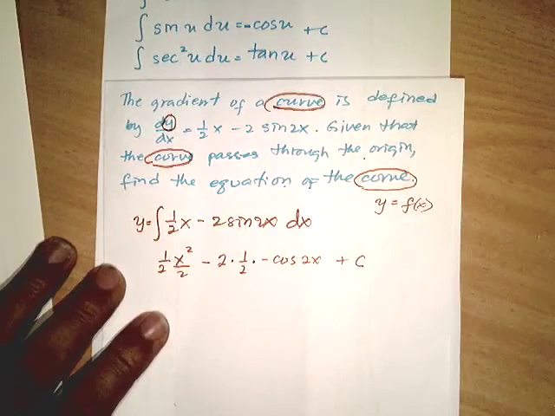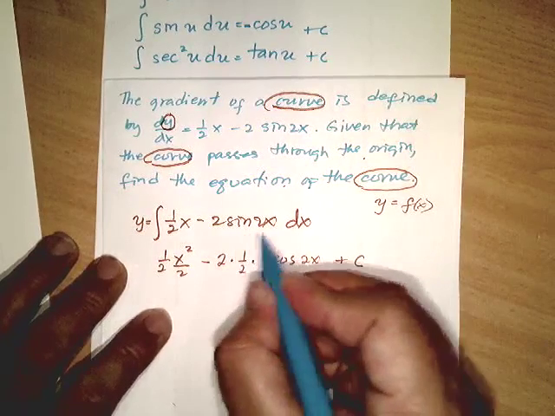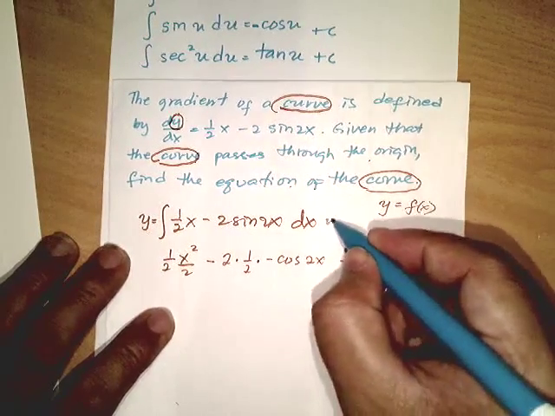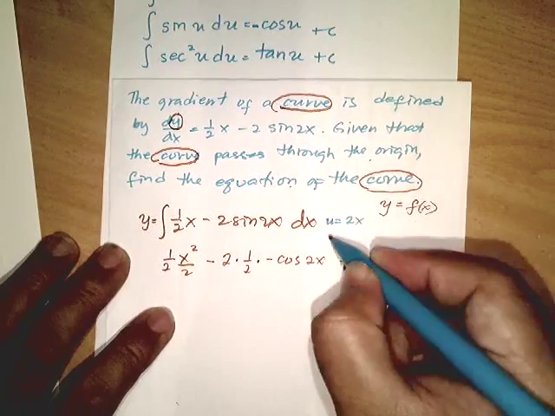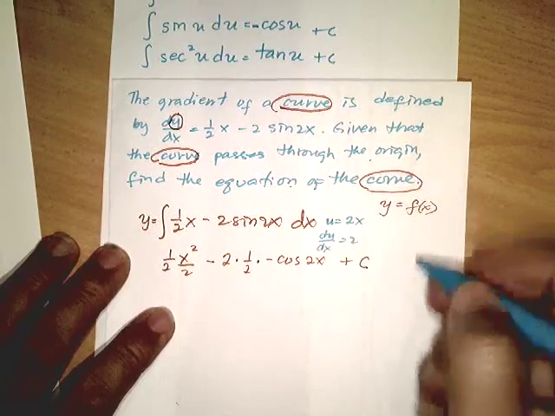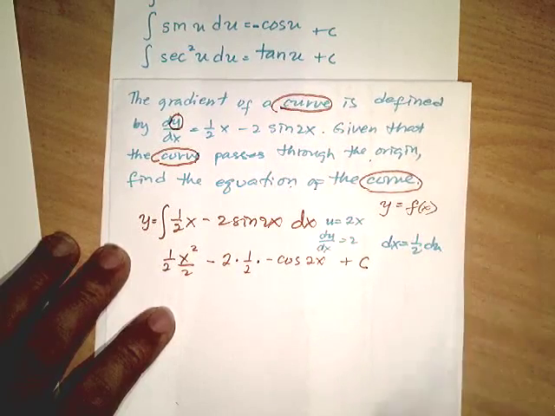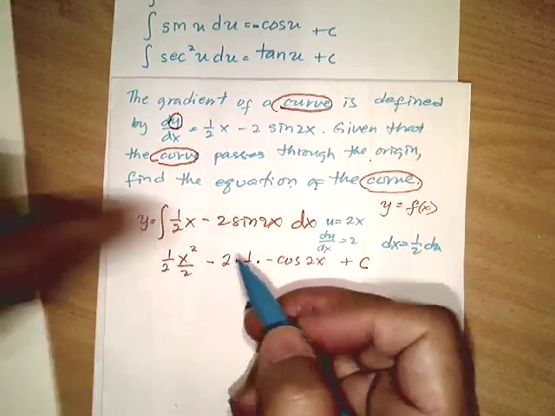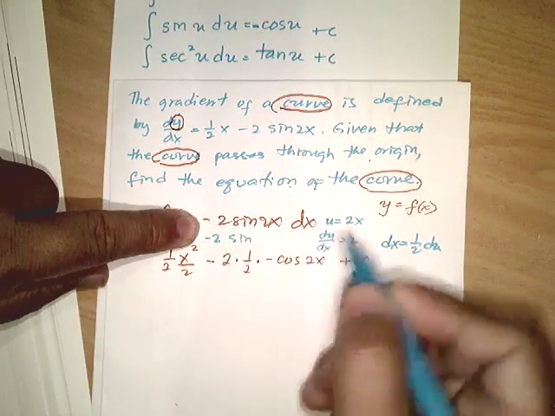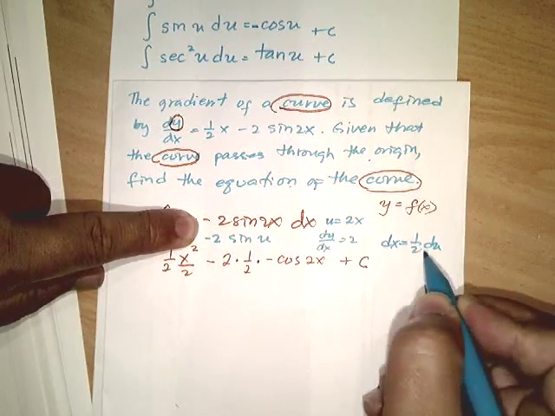For those of you who are confused on how I arrived at this, look at this. This is your u. You can let u be 2x. Your du/dx is equal to 2, so your dx is 1 half du. Therefore, this example will be minus 2 sine of u, and dx is 1 half du.